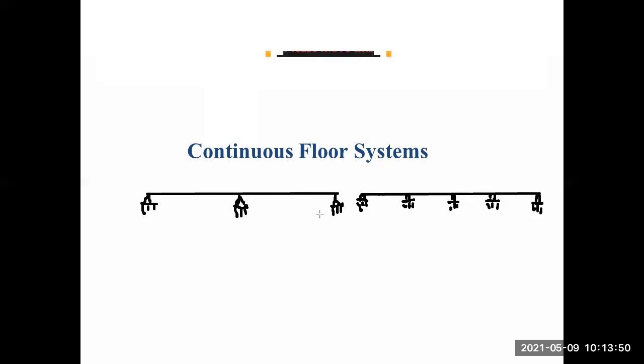The simplest way that the ACI code allows us to analyze and design this kind of floor system is by using coefficients. Through their coefficients, we can determine the shear force and bending moment.